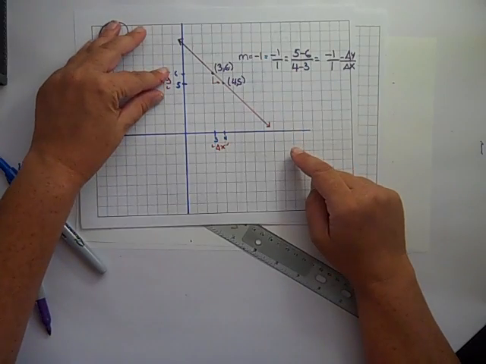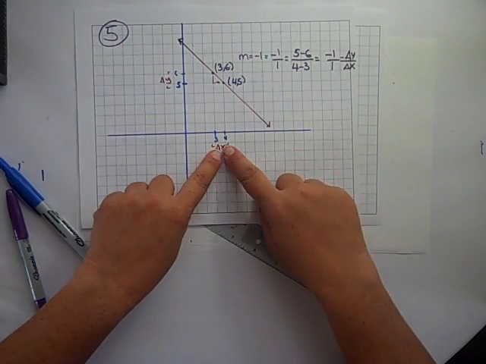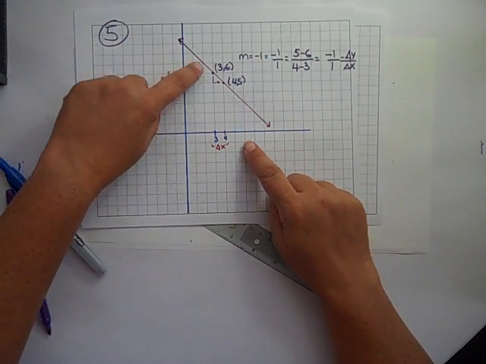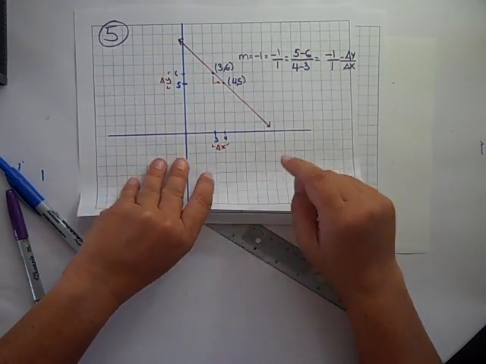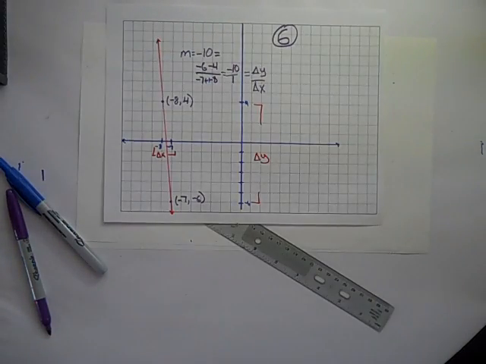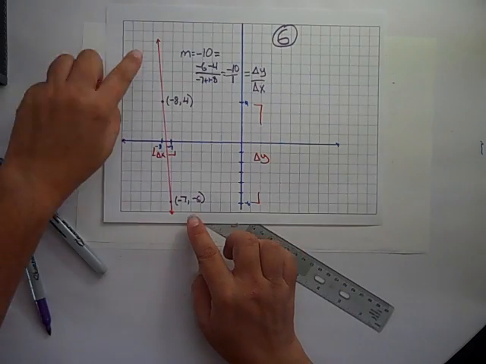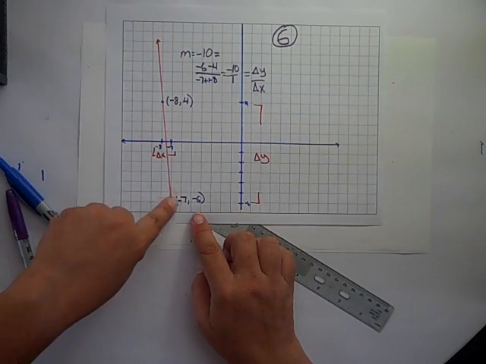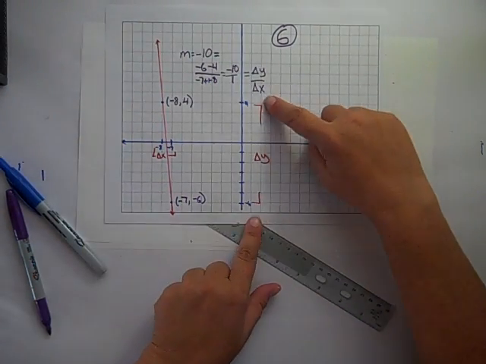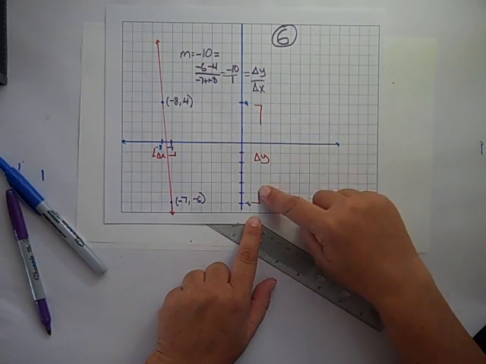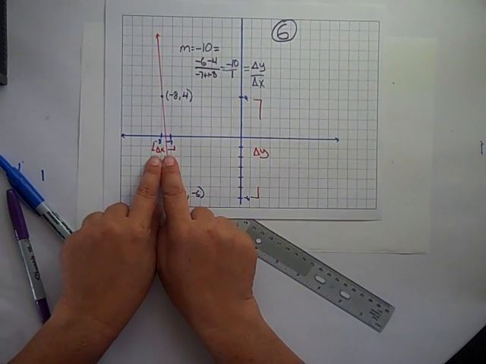Your change in y should be 1 and your change in x should be 1. Of course, your change in y is -1 because it's going down. And finally, number 6, you should have a steep line going down. Your change in y should be really big because that's -10. Your change in x should just be one thing.